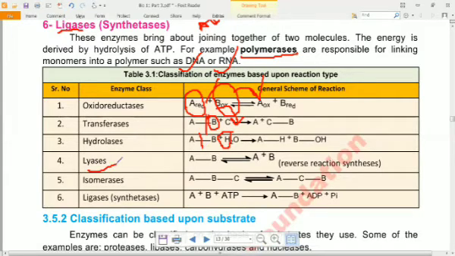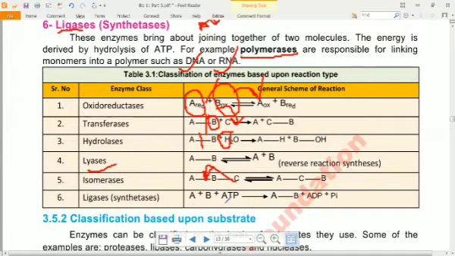Lyases, it breaks down without hydrolysis. So what they do, without hydrolysis and using energy, they form A, B compounds. Isomerases, they do the rearrangement. You can see here A, B, and C. So they form A, C, and B, like C transfers to between A and B. Ligases or synthetases, we can also call them synthetases.